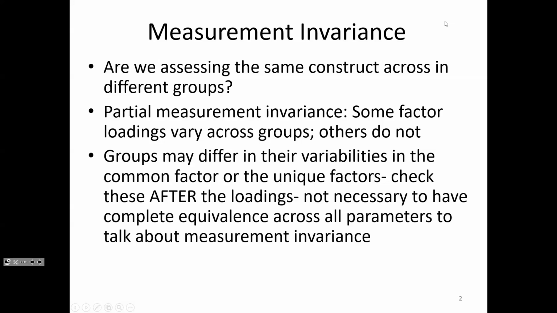It's a big caution for you, and it does put up a roadblock, which is why people are very loath to completely throw out a model if there are just one or two non-invariant items. If only one or two items are not working, people don't want to have to stop their entire line of research right there before they get to the structural model, and understandably so.